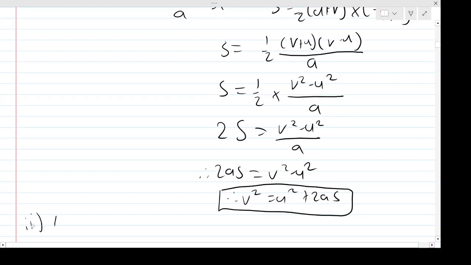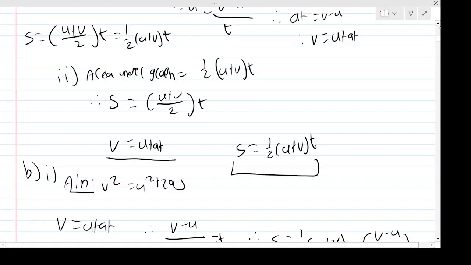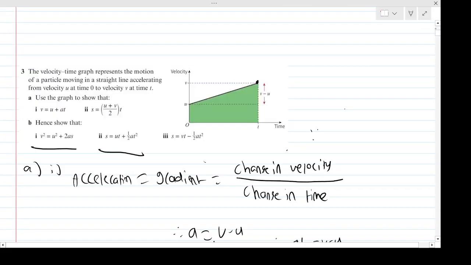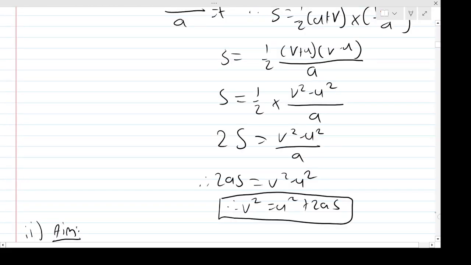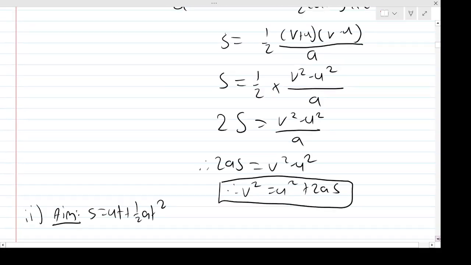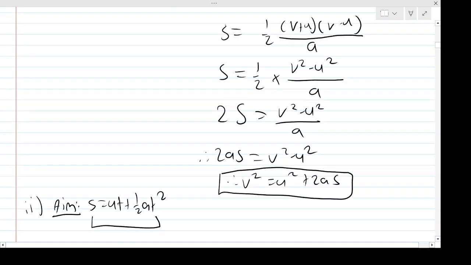So what do we need to prove now? We want to show that s is ut plus half at squared. Okay, so what do I notice here? There's no v involved.